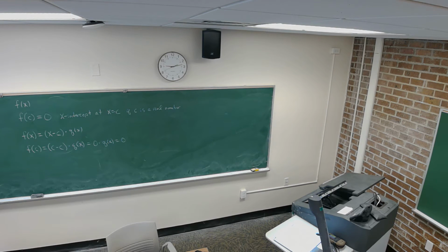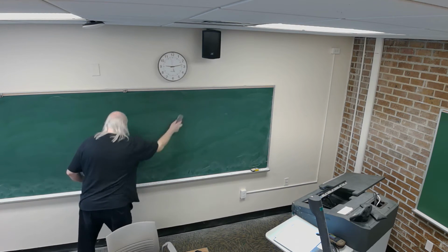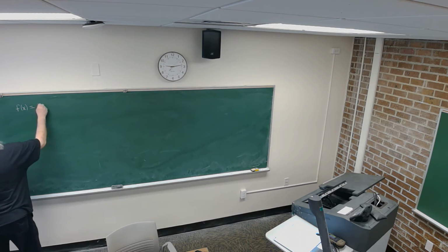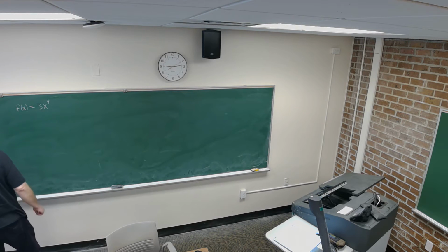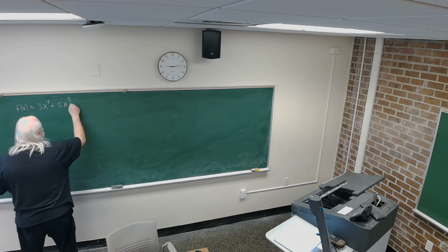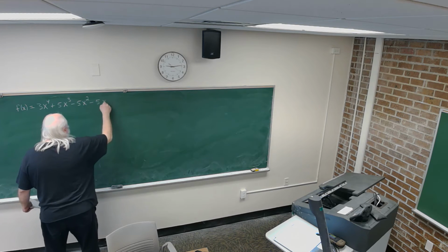Okay. In example 1, it says determine whether the linear polynomial is a factor of the given polynomial f of x. So in the first case, in A, the polynomial function f of x is a 4th degree polynomial, 3x to the 4th plus 5x cubed minus 5x squared minus 5x plus 2.